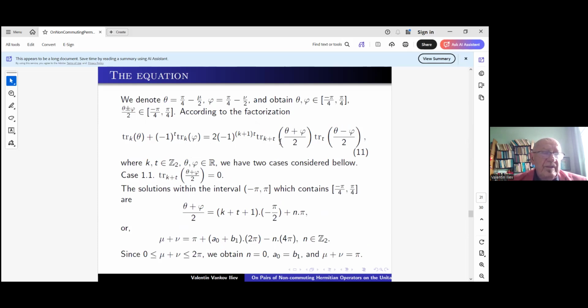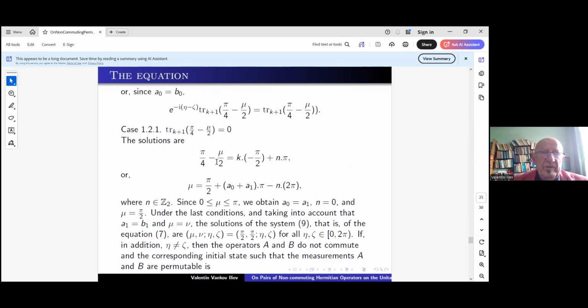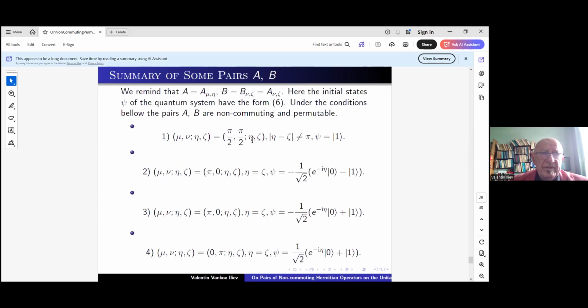If you want, you can see my preprint on ResearchGate, where all of those calculations are made. It turns out that all calculations give you adequate, natural results, which shows that we are on the right way.